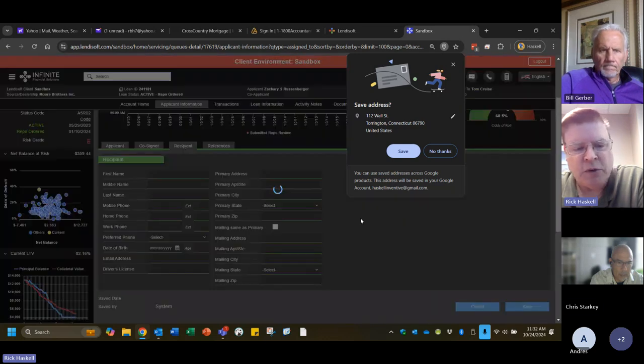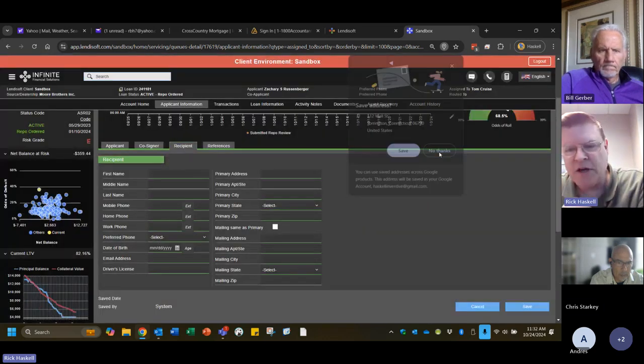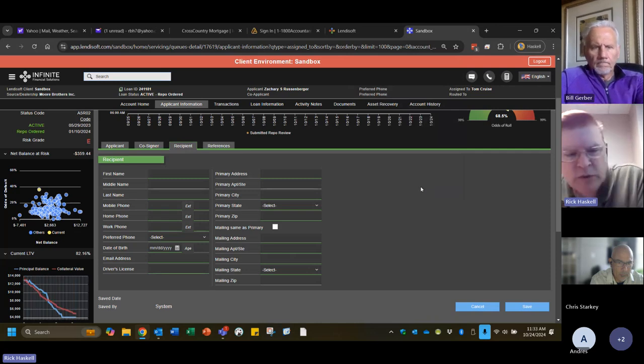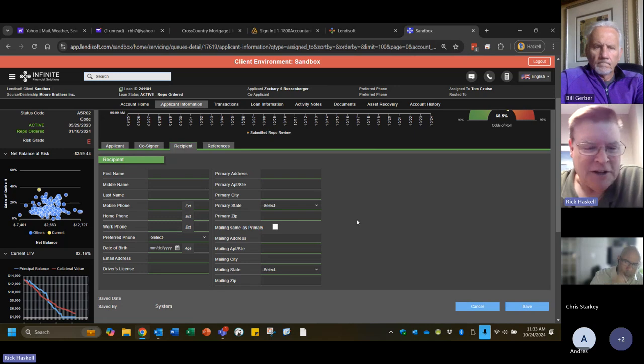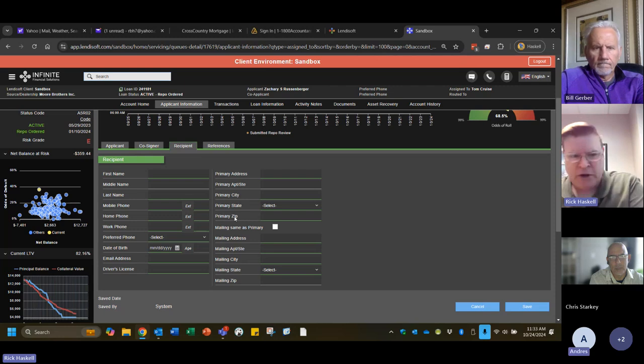We even have a screen for recipient. Sometimes in the auto loan world, we have straw purchases where the person that the car is for is not even the person who's on the loan. And then you discover this later on. So we have something called recipient where you can notate the information about who the vehicle is for if it's a car loan.